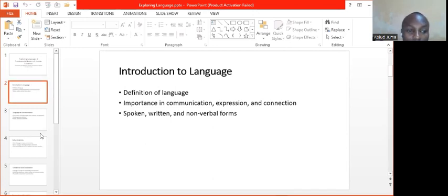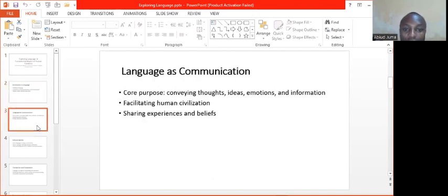We shall go to our third page, and that is language as communication. The core purpose is conveying thoughts, ideas, emotions, and information. This is what all people communicate. You can communicate to people to convey thoughts. You can communicate to people to convey ideas.